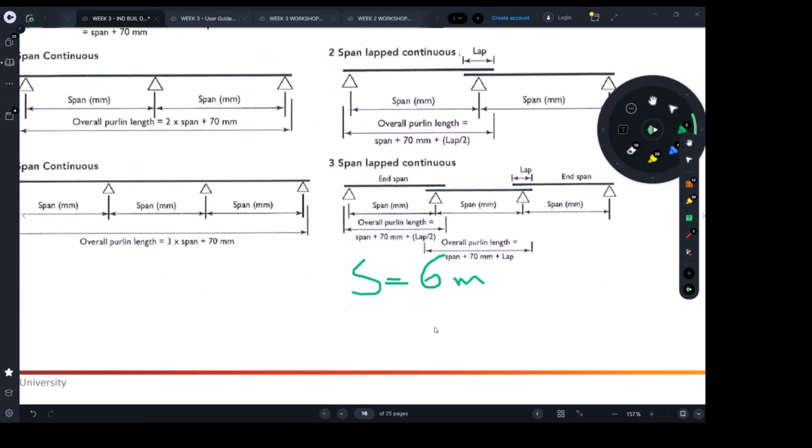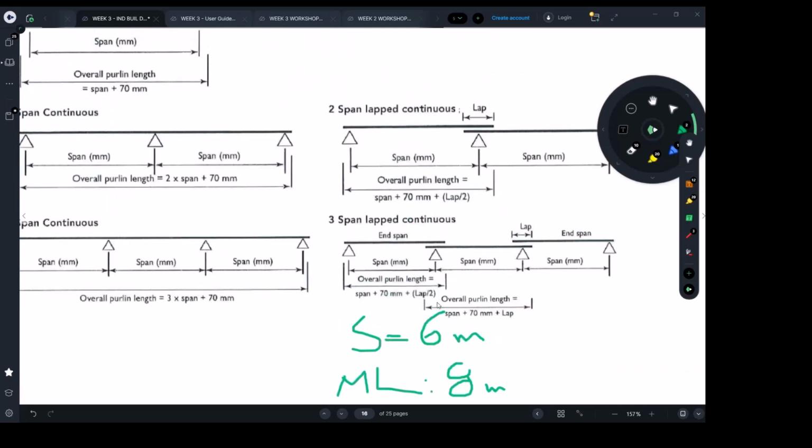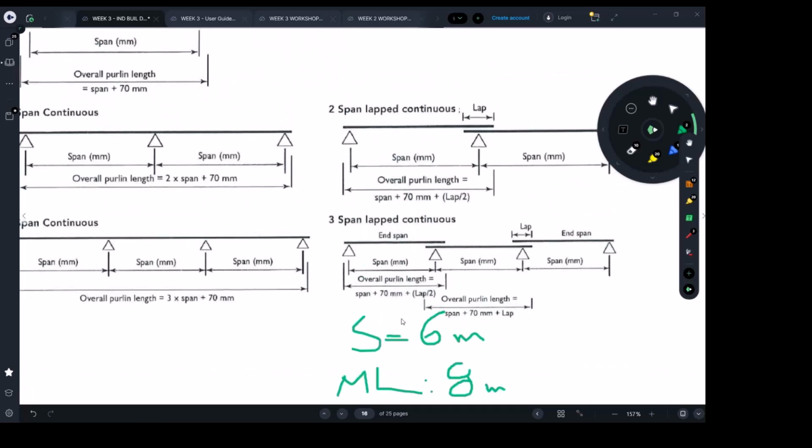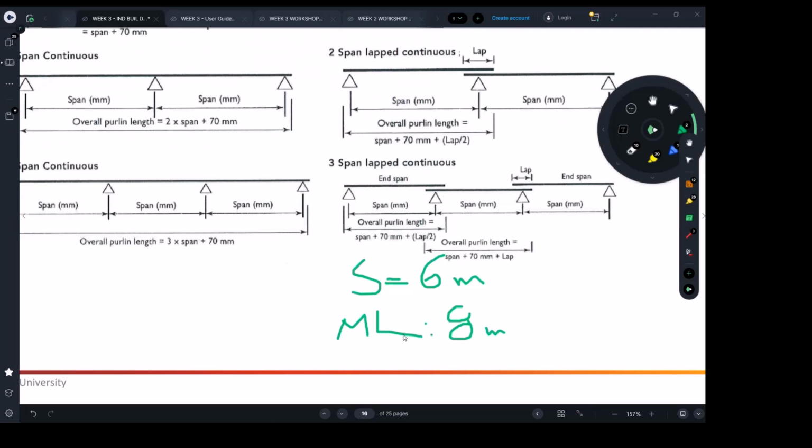So the maximum length you can get is actually 8 meters. All right. I will give you the pressures. Let's say you got 3 kPa wind pressure. I give you everything, and I tell you to decide which is the most efficient purlin size.